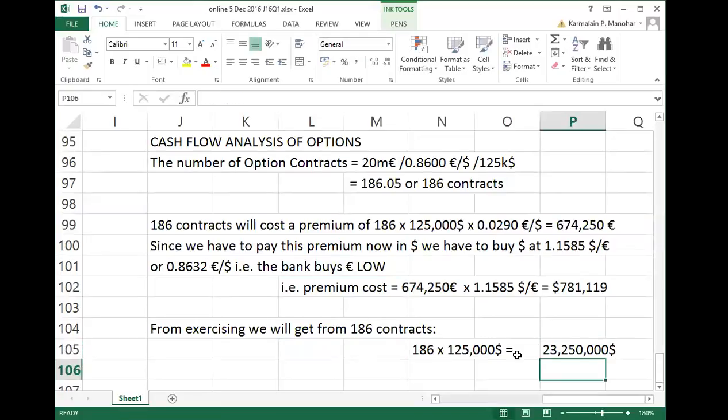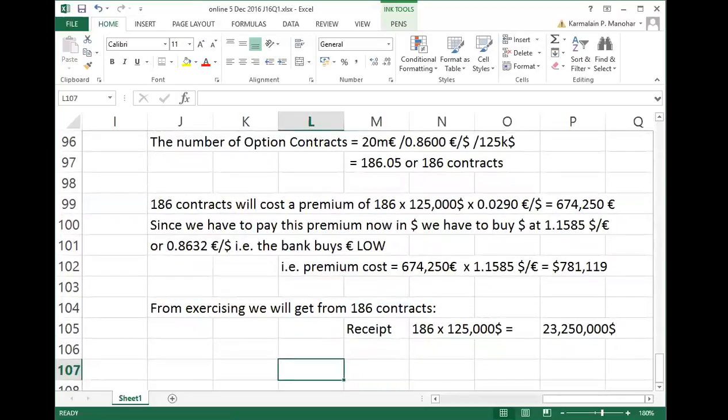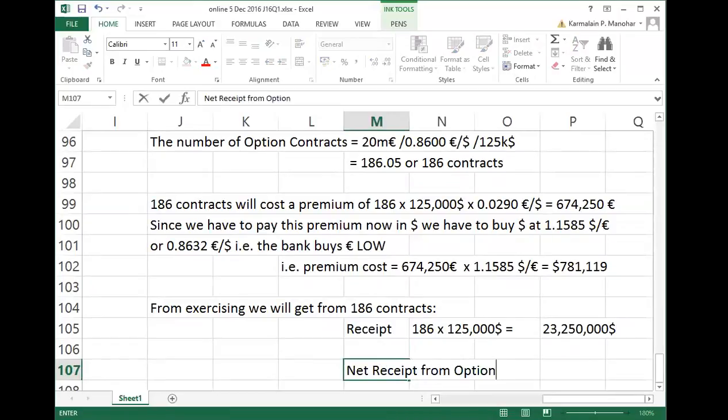Now, this would effectively be our receipt. And up here, our premium is our cost. So therefore, what would we do to these two values? Net, is everybody following there? Net receipt from options hedge.